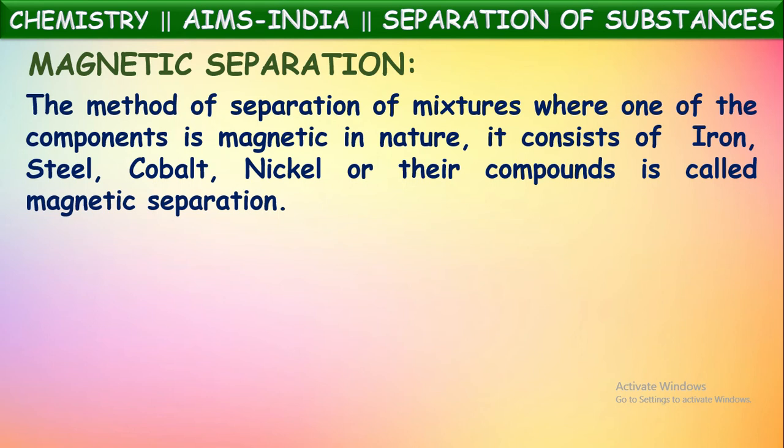Magnetic compounds means the components or substances which will be attracted by a magnet, like iron, steel, cobalt, and nickel or their compounds. These can be separated from non-magnetic material. Non-magnetic material means material which won't be attracted by a magnet. So the magnetic material can be separated using this method called magnetic separation.